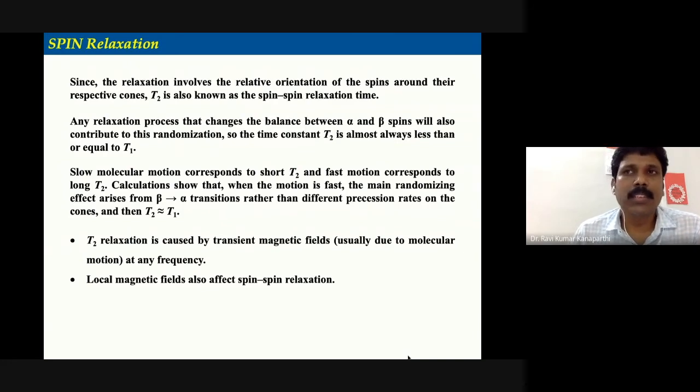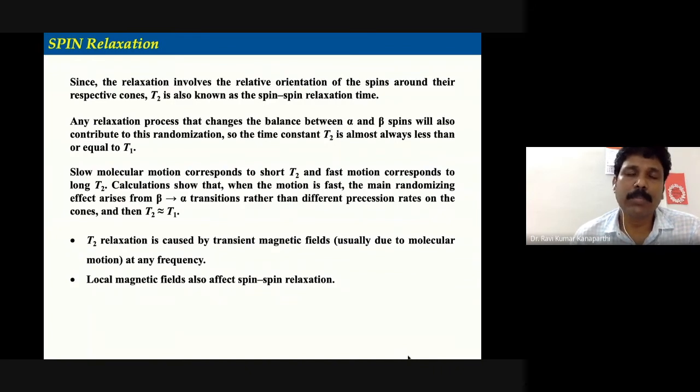Relaxation generally takes place in two different ways. One is the longitudinal relaxation process, which is also called spin-lattice relaxation. In this process, the individual spin population is re-established.